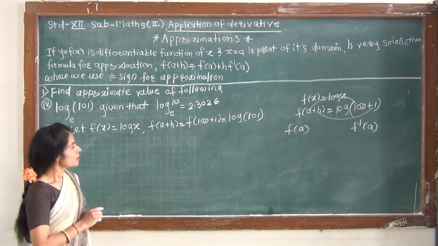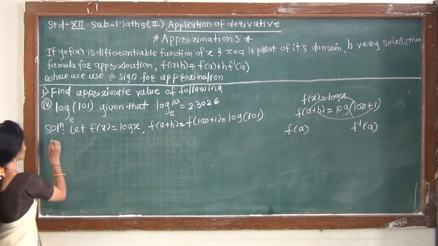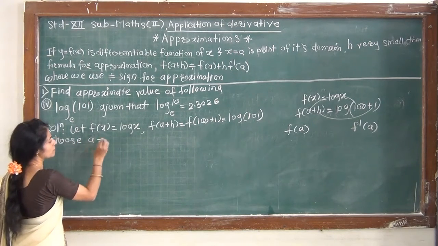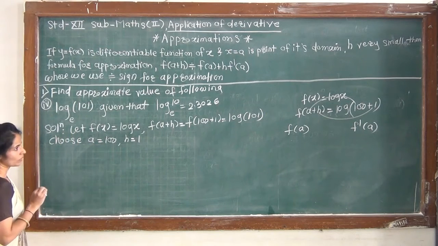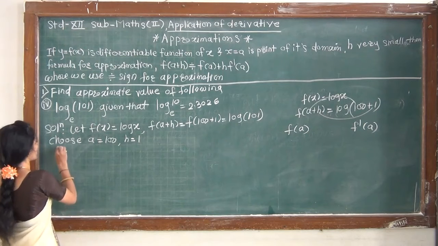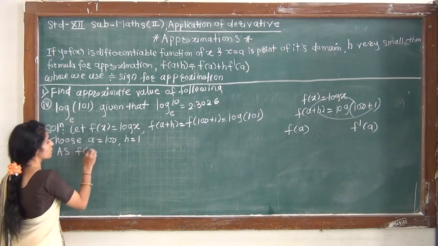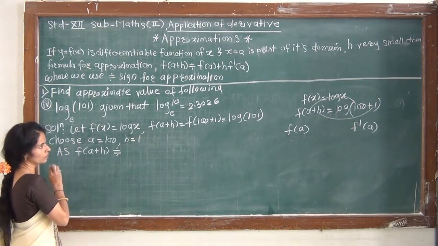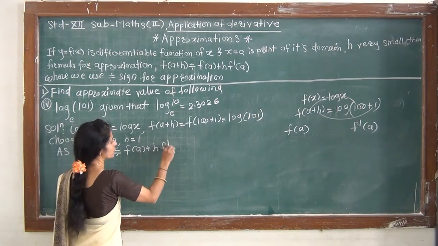And for that, we are choosing the value of a as 100 and h as 1.